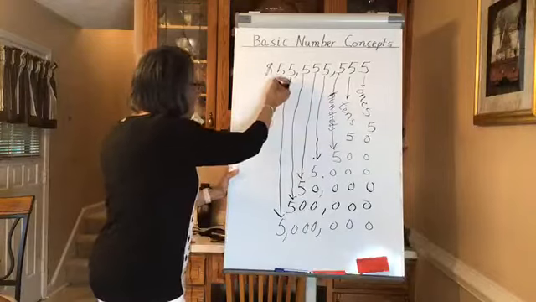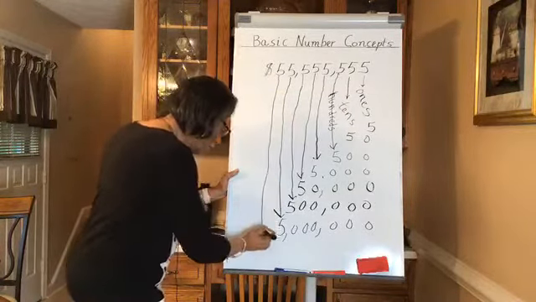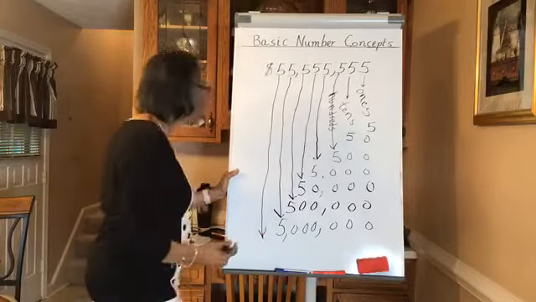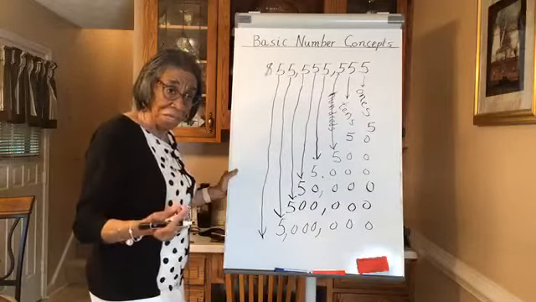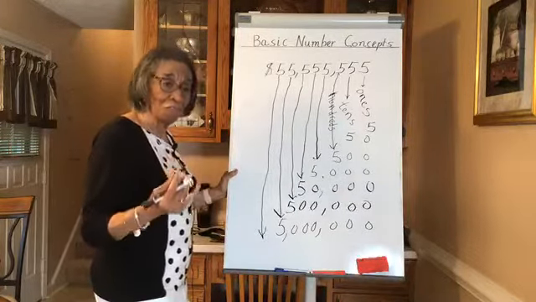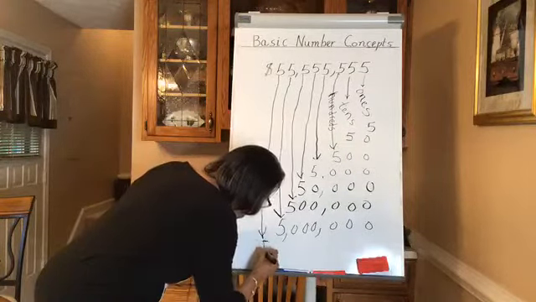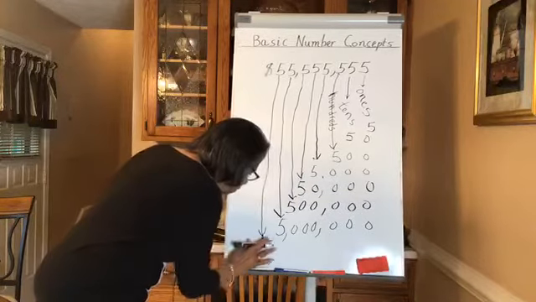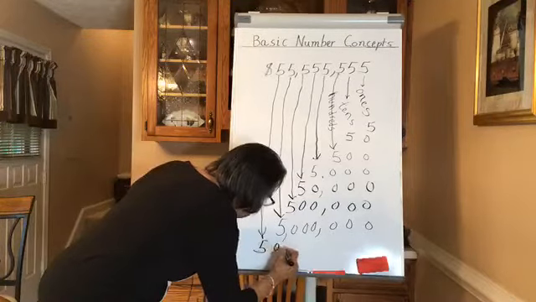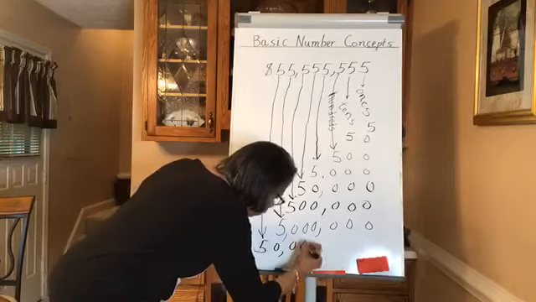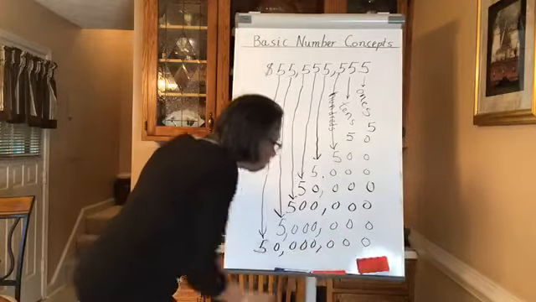And the last one is in the 10 millions place. So we count by 10 millions. 10 million, 20 million, 30 million, 40 million, 50 million. So we have 5, 0, 0, 0, 0, 0, 0, 0.